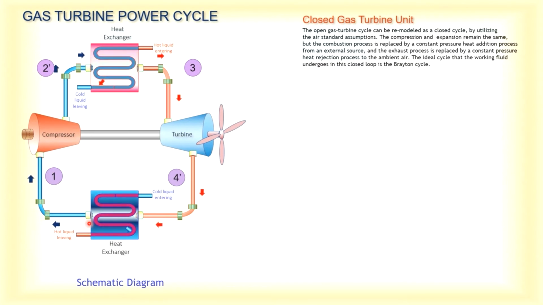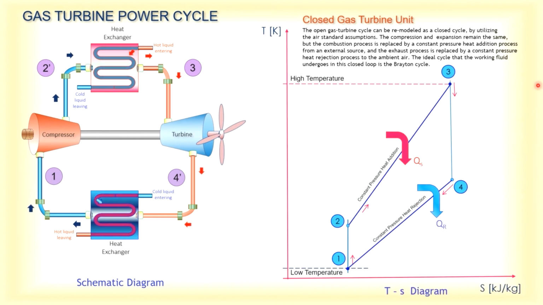Remember, for the open gas turbine unit, you have a difference between air side and gas side. For the closed gas turbine unit, or constant pressure cycle, we have a common CP throughout. We cannot have two different types of working substance.